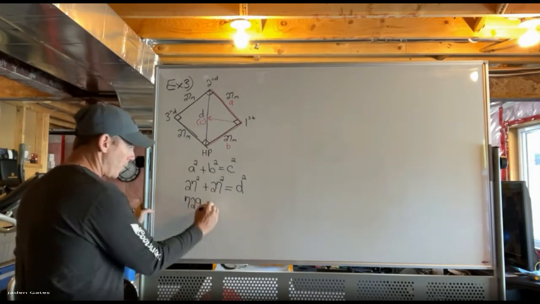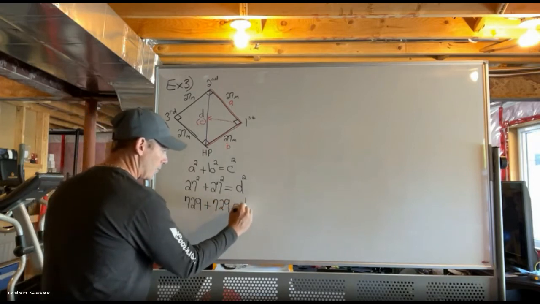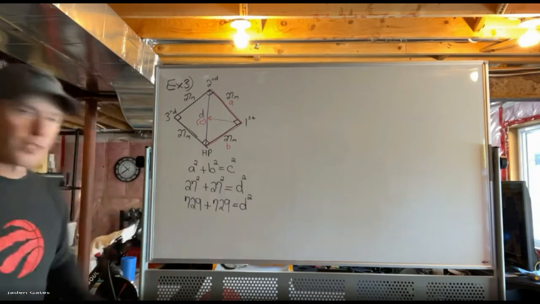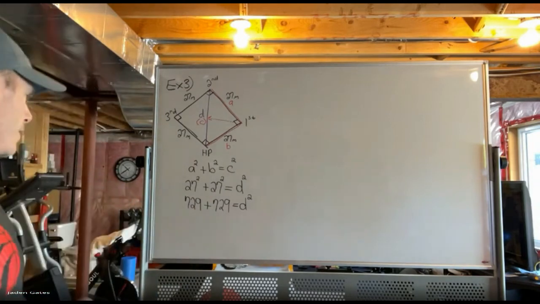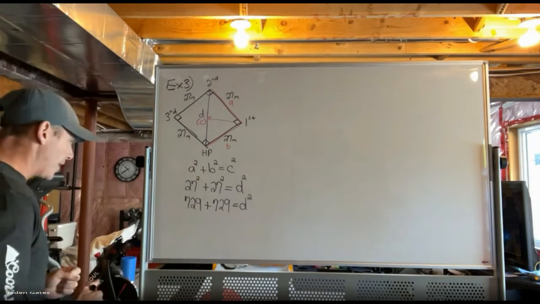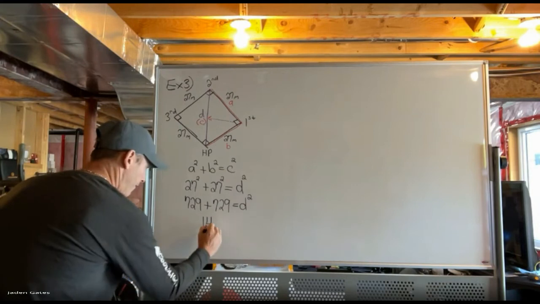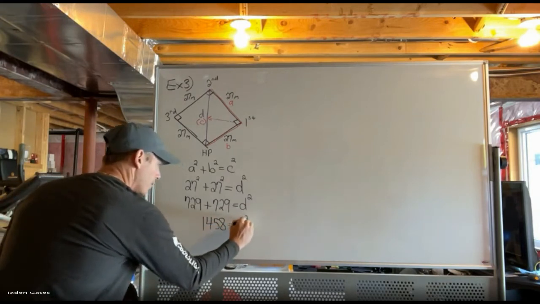Well, 27 squared is 729, and that is equal to d squared. Again, I can simplify that because I put those two numbers together, 729 plus 729, and I get 1458 is equal to d squared.